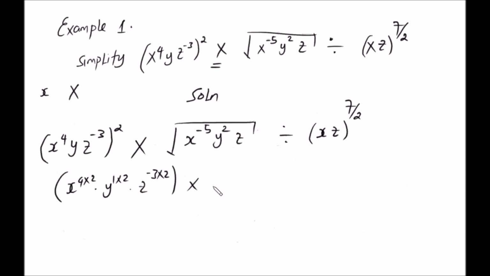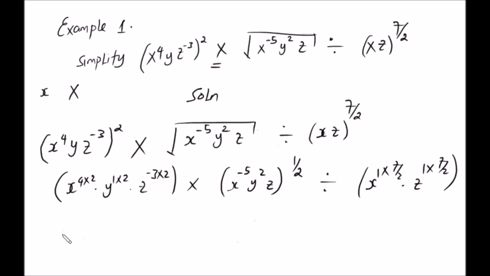So all of this now times, so we have x power negative 5 y squared na z. Sasa notice here nimeondoa square root kwa sababu square root ni sawa tu na power half. So we're going to divide na huku tuingize exponent ndani, is going to be x power 1 times 7 over 2 times z power 1 times 7 over 2.